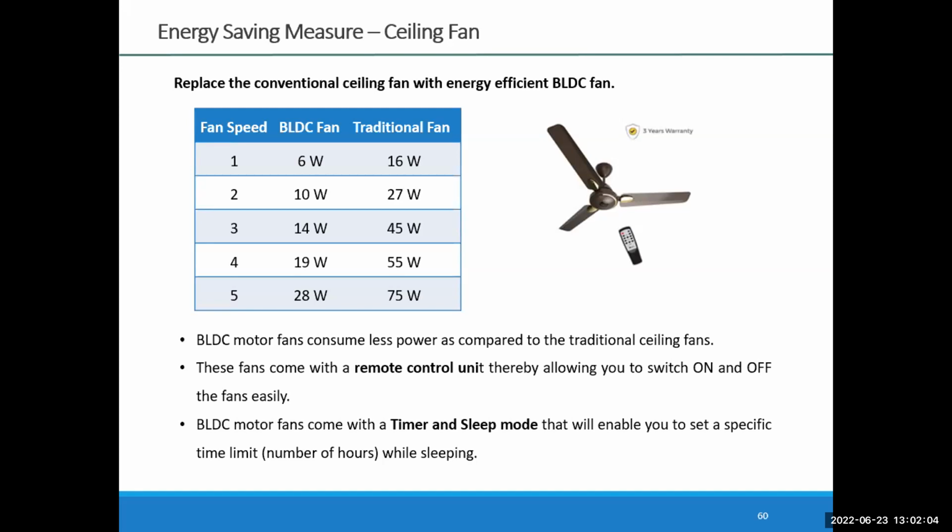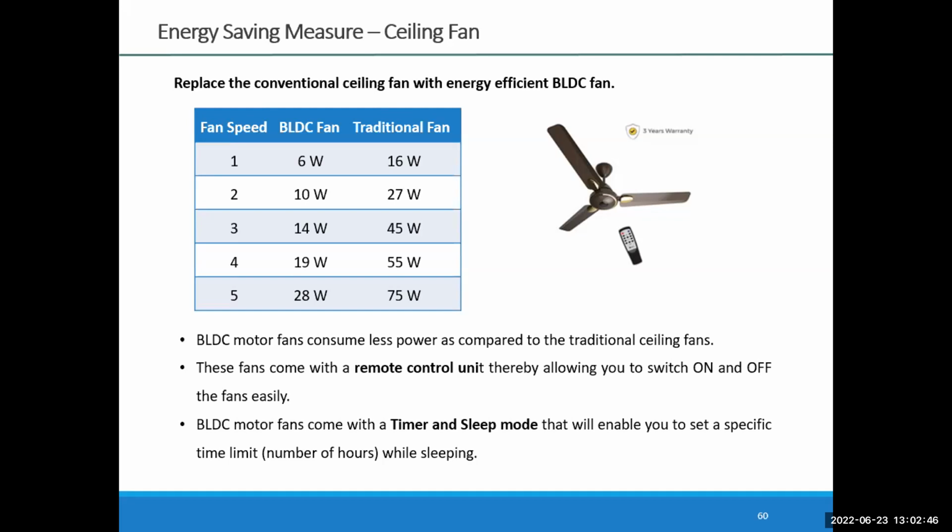This exercise was actually carried out in our facility as a demonstration, to see what the power consumption is for each step of usage, and whether the fan output, that is CFM, or volume of air delivered, is also in the same line or not. We did one experiment and the air delivery is almost equal for both fans. The power consumption is almost 50 to 60% less when compared with the traditional fan.